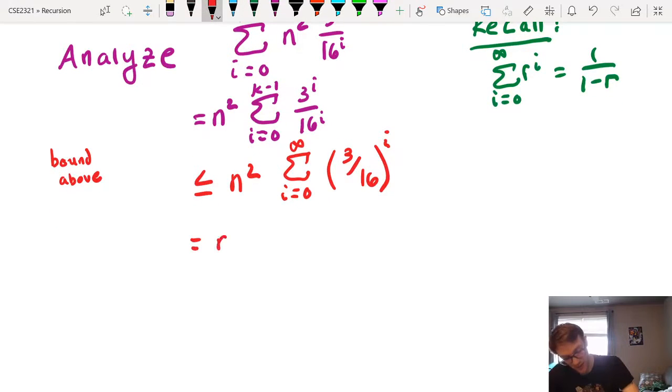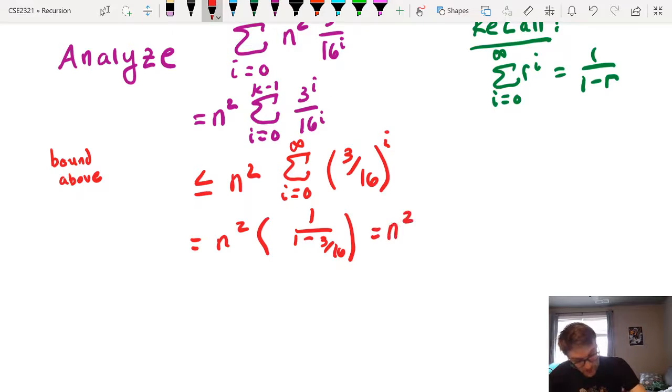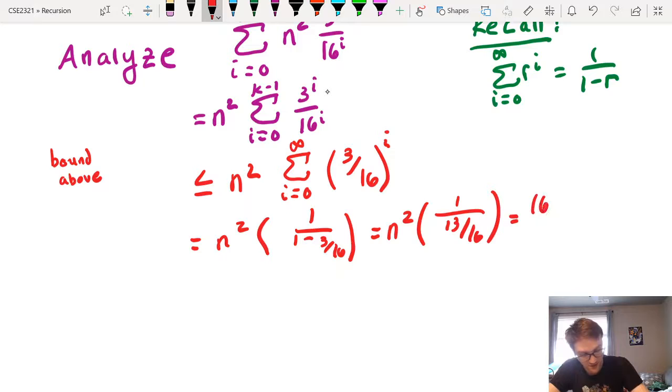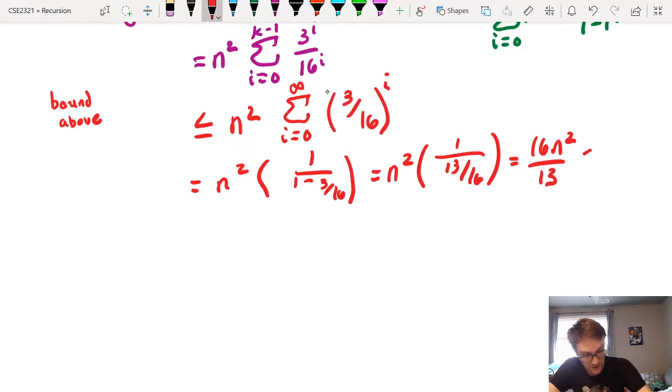This is equal to n squared times 1 over 1 minus 3 over 16, which it doesn't really matter what that constant is, but let's find it all the same. N squared, 1 over 1 minus, let's actually do the arithmetic. It's going to be 13/16. So this equals 16 n squared over 13. So it's bounded above by a constant times n squared, so it's in big O of n squared.